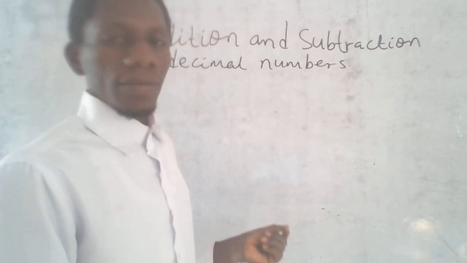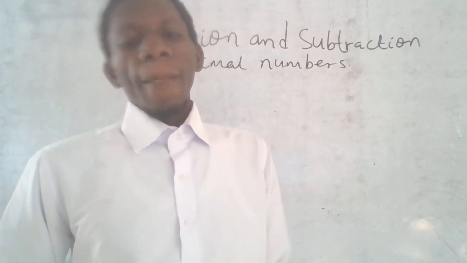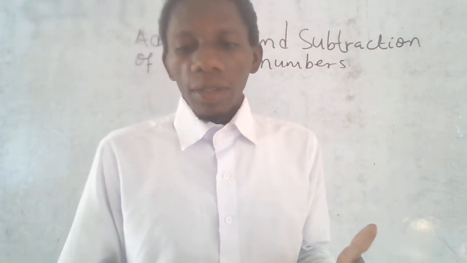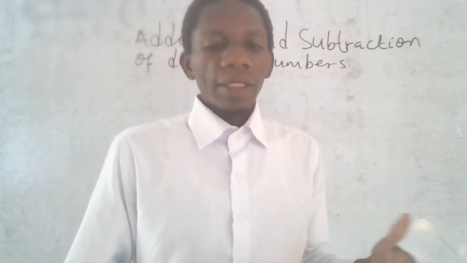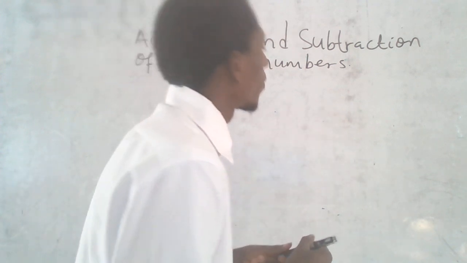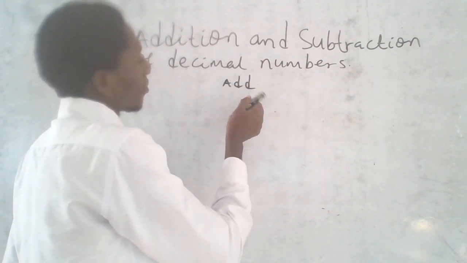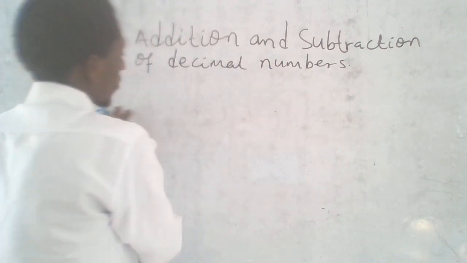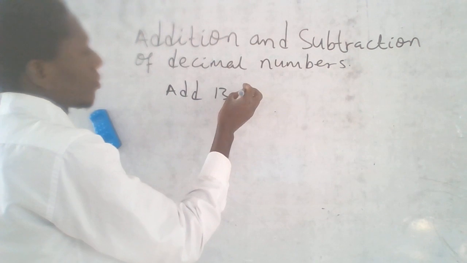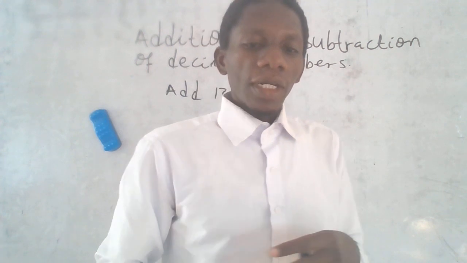Let's say we have to maybe add 1365.854. We are going to see how we can add numbers that involve decimals.